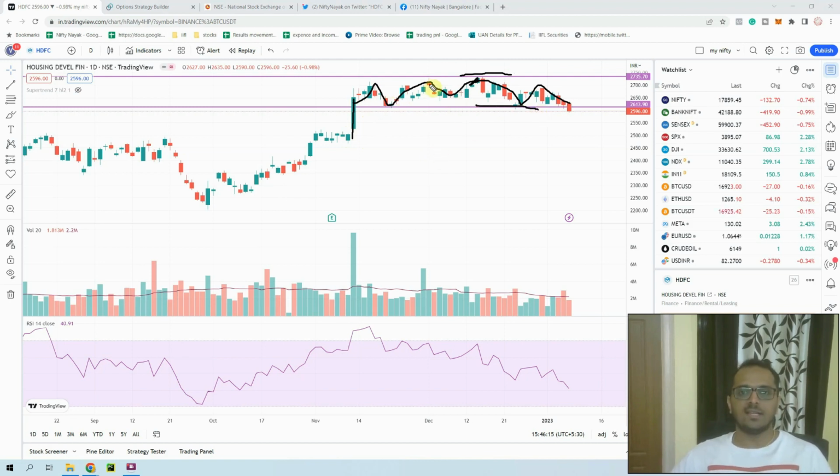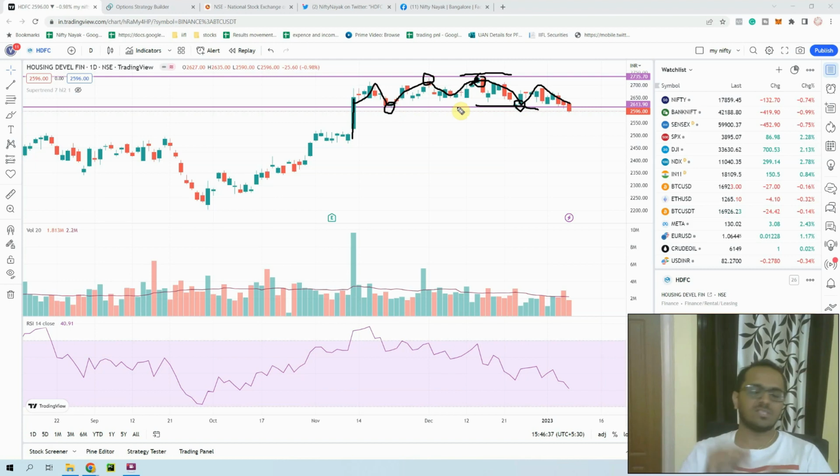You can see it has made a double bottom as well as a double top. One bottom was made here and another here, a top was made here and another here. This is what signifies that it is in a range.